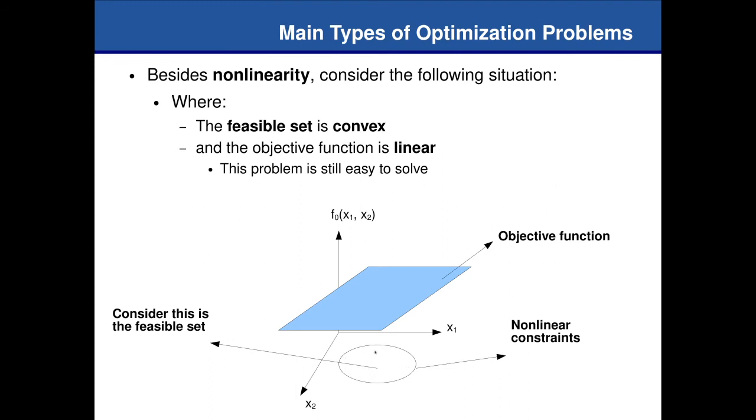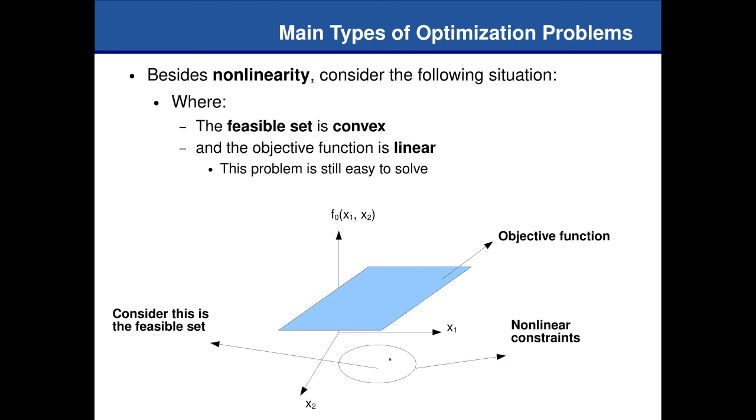Consider I'm interested in this region defining the set of possible solutions I have for my problem. So any solution inside this or equal to my constraint is okay. I can accept it.